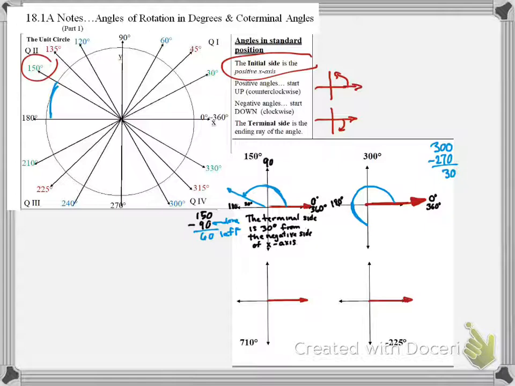So this is what I want. This is what's done. This is what is left to draw. Again, that's just so I can show you what I'm doing. It's not required. So I'm going to keep on going around here another 30 degrees.